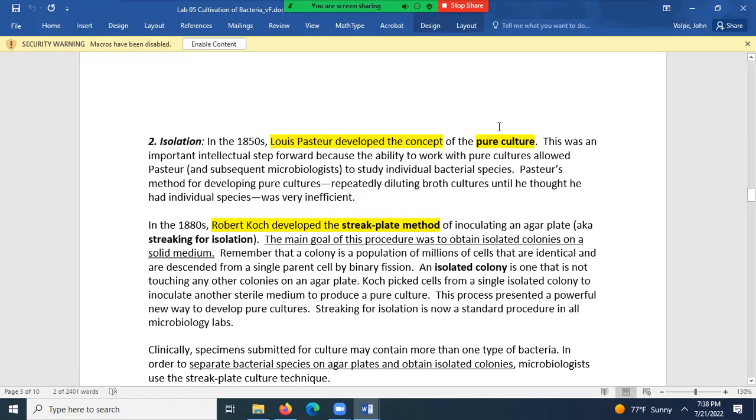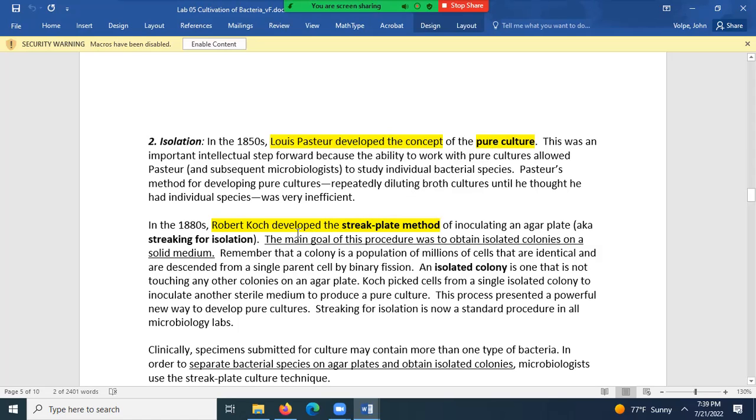So if ever 2 tubes out of 10 had growth, Louis Pasteur would not use it. Okay. And this was very difficult because he had to make different dilutions and then put each dilution in 10 different tubes and then look for the dilution where he only got 1 tube out of 10 showing growth. It wasn't very efficient for developing a pure culture.